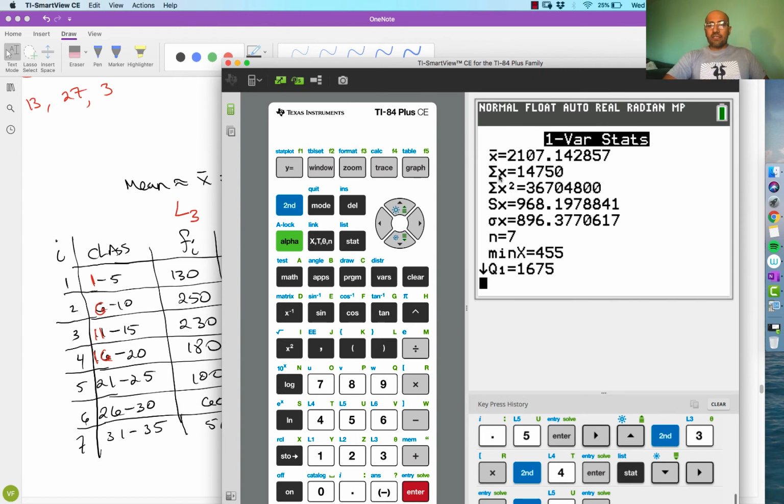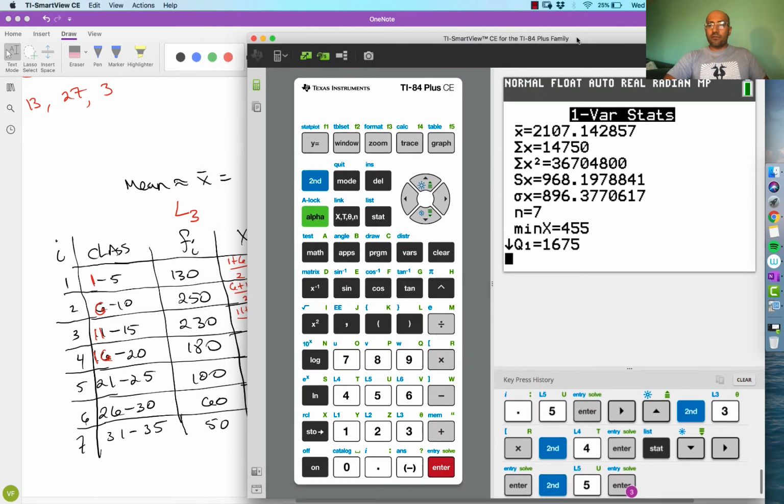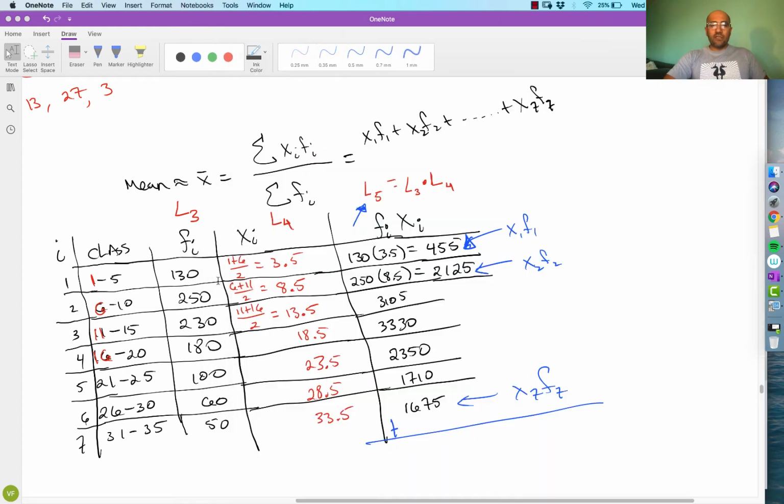This indicates the sum of all the values in our list. So 14,750 is the sum of all those values. That's that total right there.